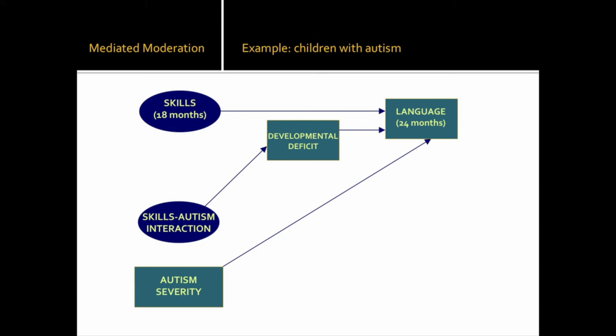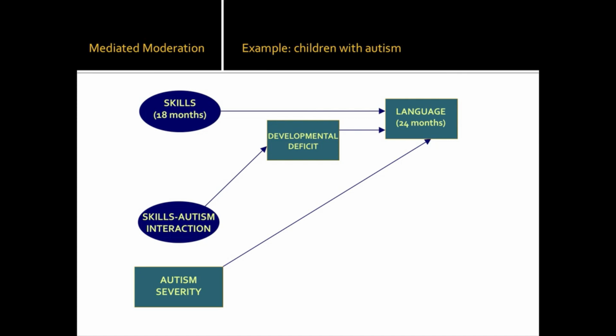So in this case, we have like a developmental deficit, right? The difference in their development might be assessed in some way, and so we can include that variable in there as a mediator. So originally we had skills, the skills autism interaction, and autism severity. All three of those were directly predicting language acquisition at 24 months.